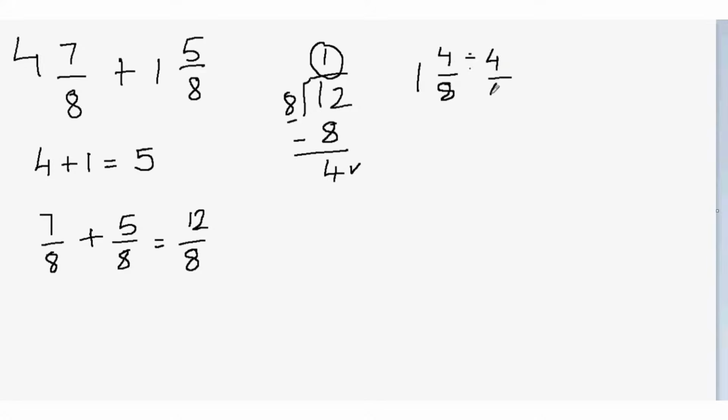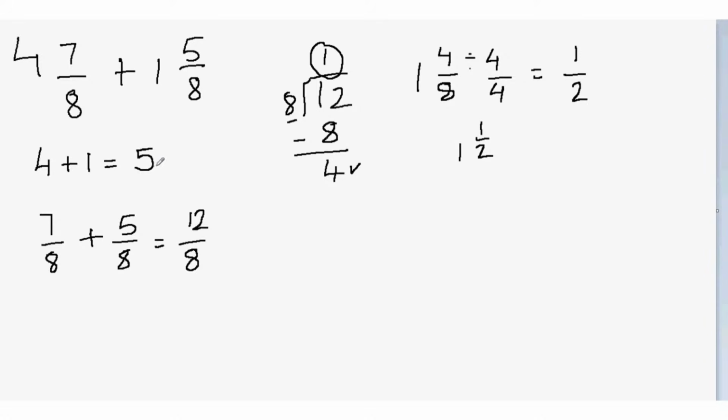When you divide 4 over 8 by 4 over 4, let's ignore the 1 for a bit. We are working on this fraction. So 4 divided by 4 will give me 1, and 8 divided by 4 will be 2. So our fraction will be 1 over 2. Right, now this is our fractional part. Still, this is a mixed number, but this was our fractional part.